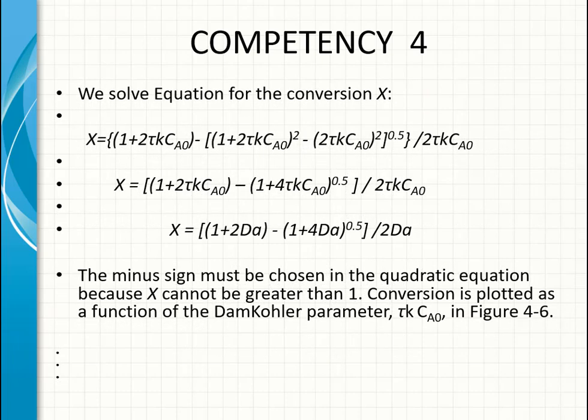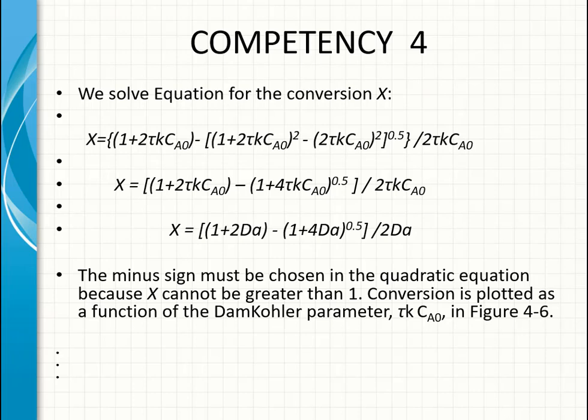We solve the equation for conversion X, and we will have that X is 1 plus 2 tau k CA0 minus 1 plus 4 tau k CA0, all that to the 0.5, all that divided by 2 tau k CA0, and we get this by the quadratic equation.